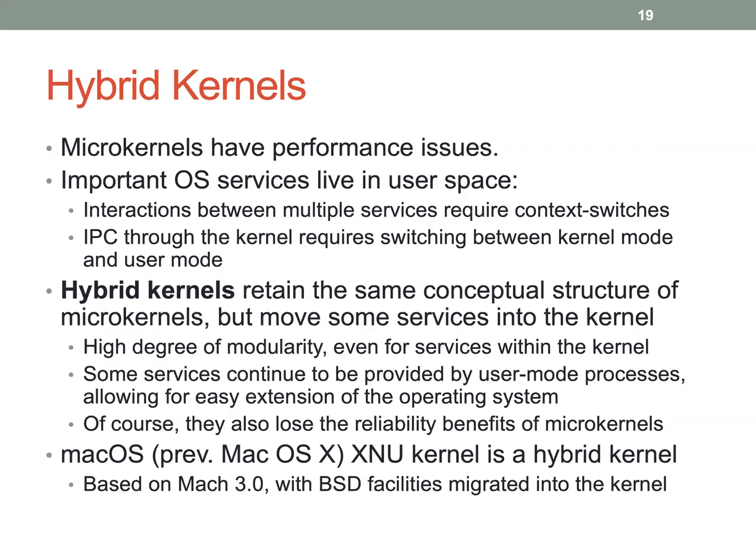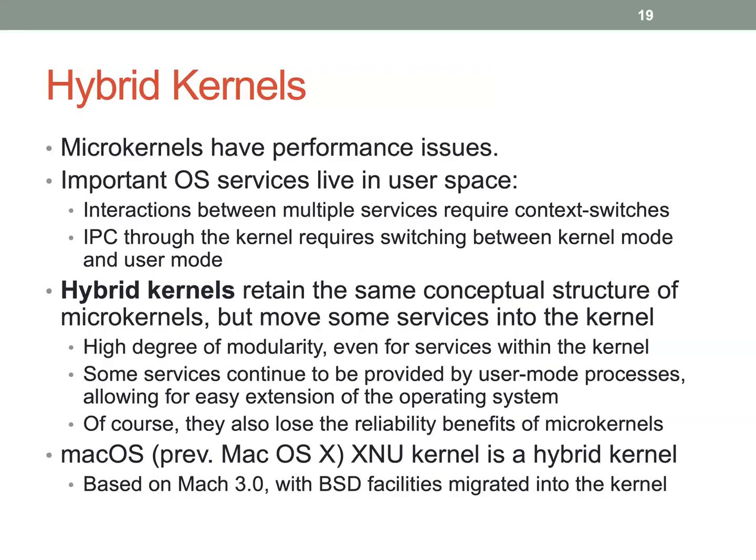That's basically hybrid kernels in a nutshell. The reason why hybrid kernels are interesting is because all of your modern operating systems, except for Linux, are basically hybrid kernels. So Mac OS, previously known as Mac OS X, is built on a kernel that is based on Mach, but what Apple realized over time was there's no way we're getting the performance that we need with a Mach-based kernel.